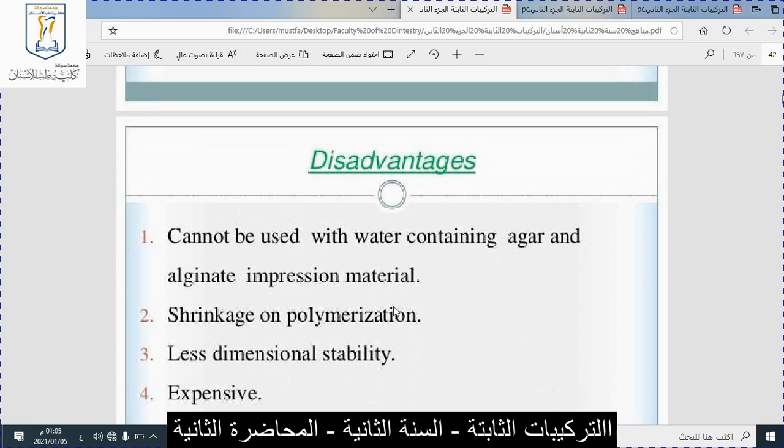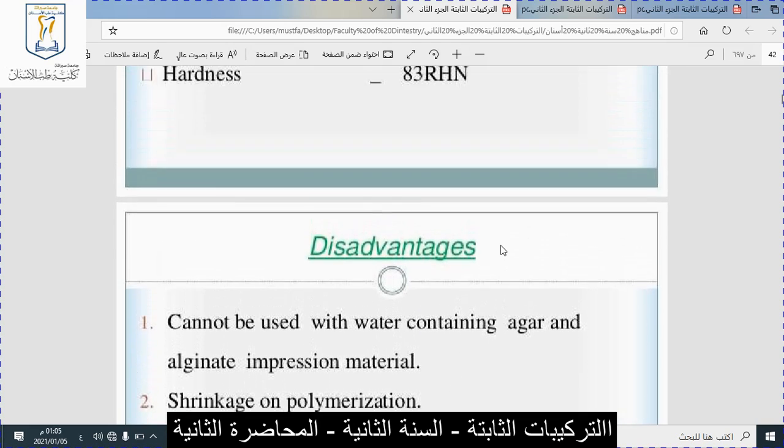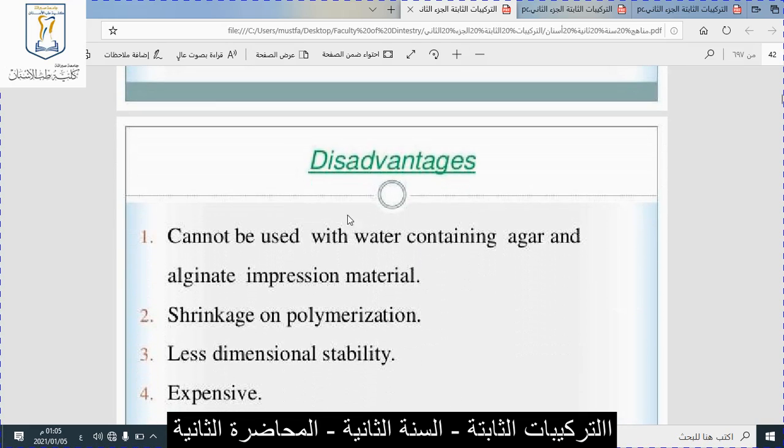Disadvantage: it cannot be used with water-containing materials, because it will react with alginate or agar. It will absorb water and increase the viscosity of the liquid, so it will distort the dye.